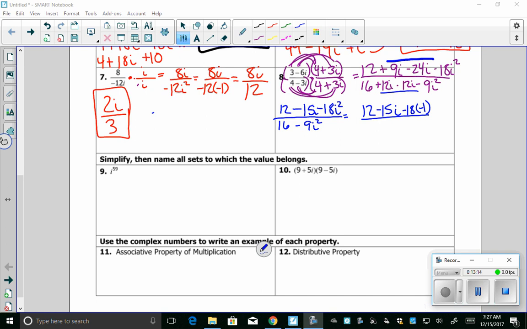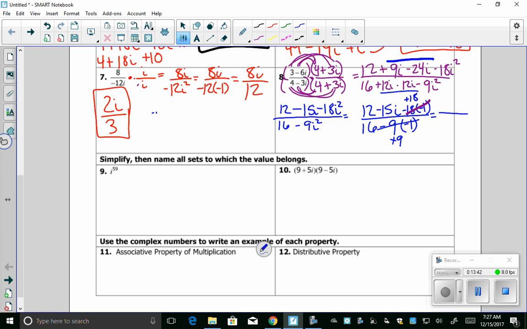So for the bottom, I'm still going to substitute negative 1 in for i squared. I'm running out of room, so I'm just going to mark that out, because you know that negative 18 times negative 1 is going to give me a positive 18, while down here, a negative 9 times a negative 1 is going to give me positive 9.